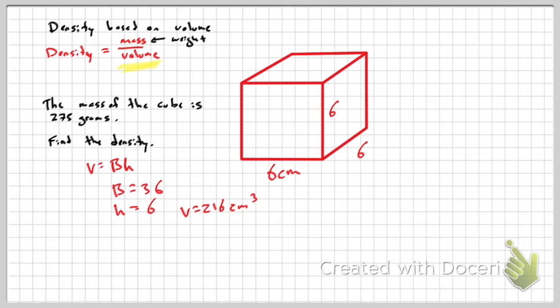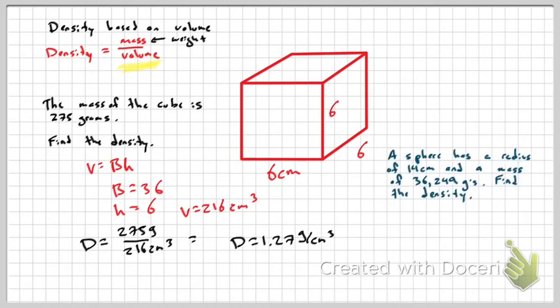So density, based on our formula, is weight, 275 grams, divided by volume, 216 centimeters cubed. So 275 divided by 216 gives us 1.27 grams per cubic centimeter. So for every cubic centimeter that space takes up, it's going to weigh 1.27 grams.